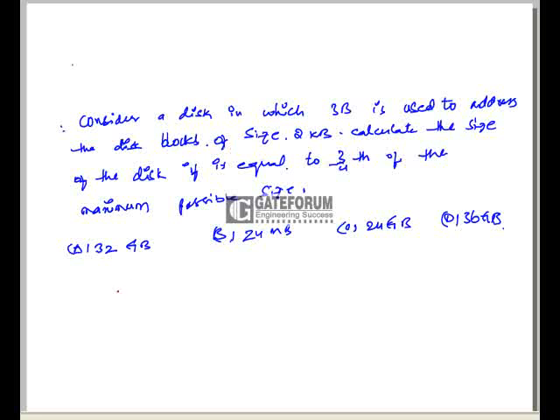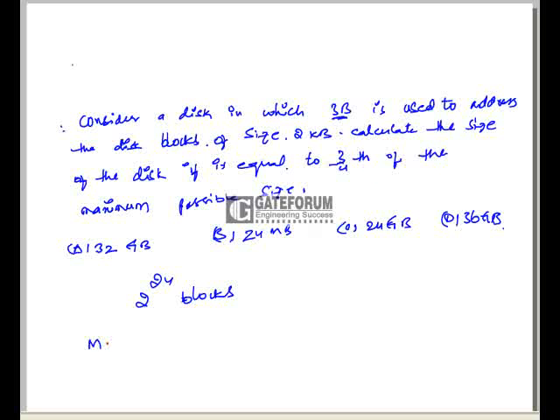So here, the maximum number of disk blocks which we can address is 2 power 3 bytes, which is 2 power 24. So we can address 2 power 24 blocks, and it is also given that the size of each block is 2 KB.